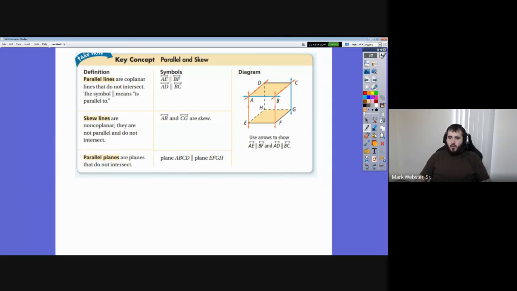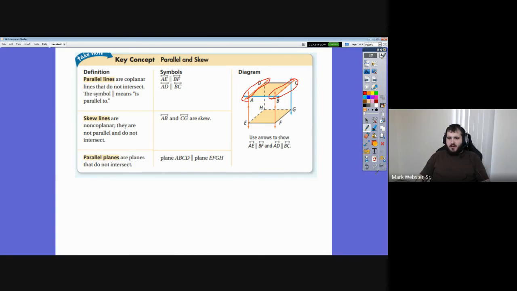So, whereas if you see on the top line, these two red lines here, these are parallel, right? This one and this one, those are parallel, right? They don't touch. They're going the same way.